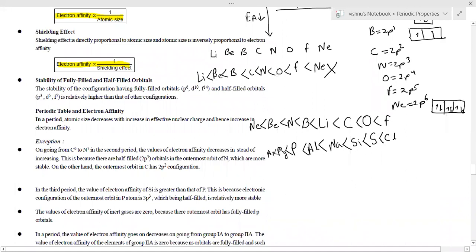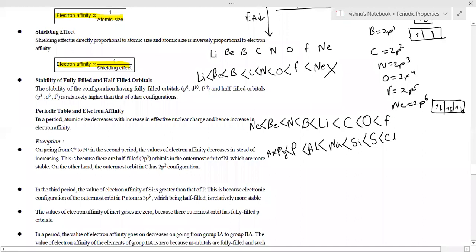So you understood the order, right? Anyone have any issue in that? Just raise your hand. When you talk about periodic properties, you should remember the general trend, then start adding exceptions.